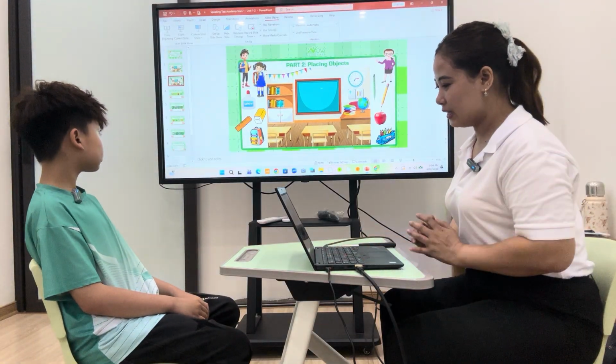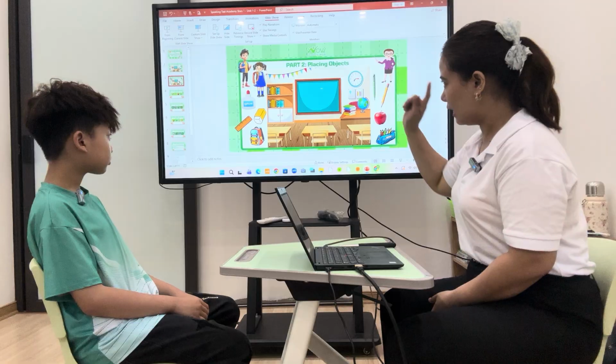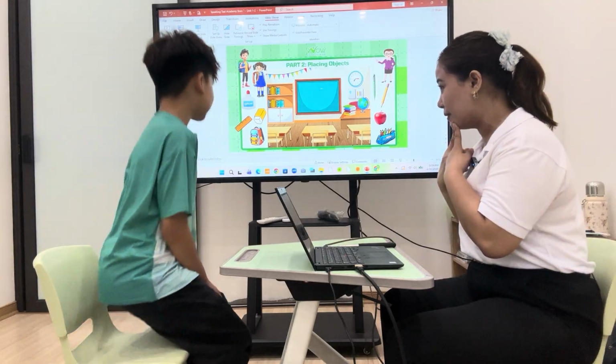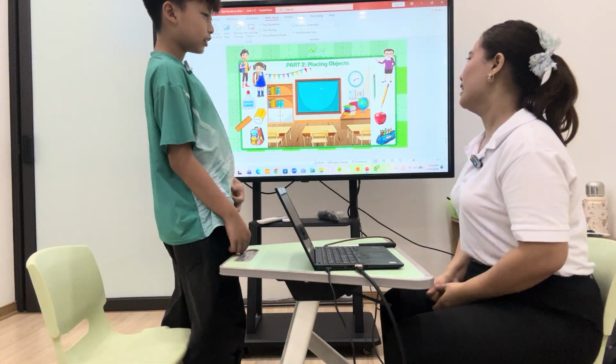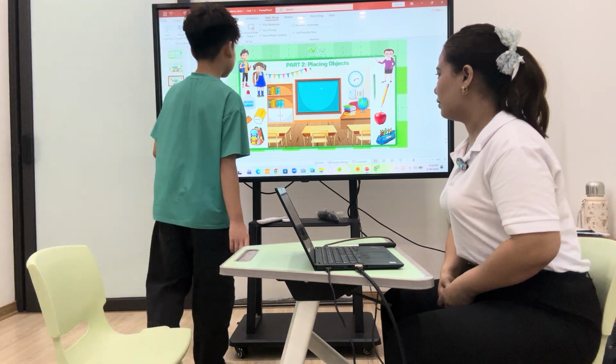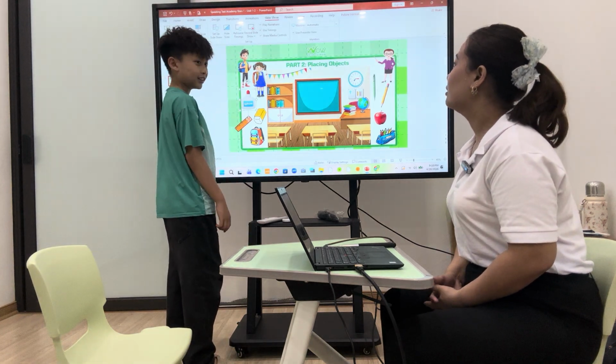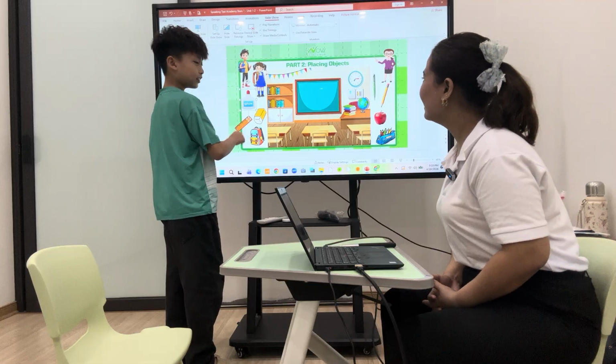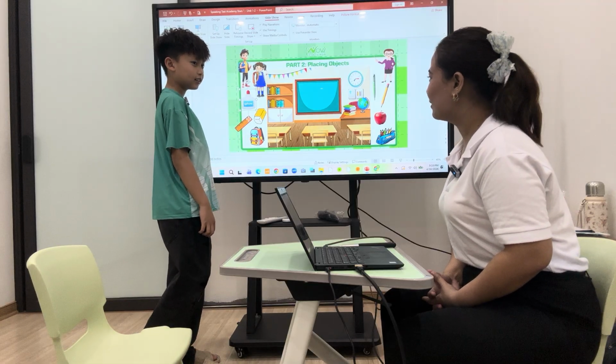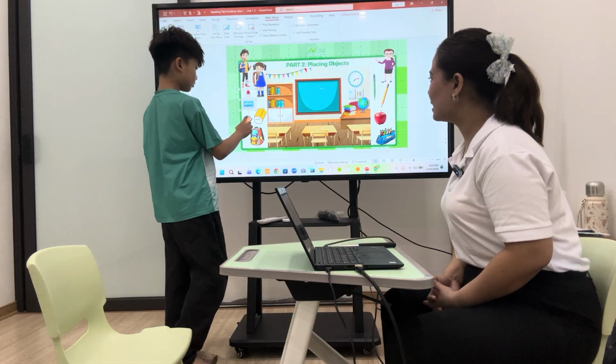Okay, so Leo, in this part, you will click and move it and then say the name and where it is, okay? For example, it's a ruler. It's on the table. What's that? It's a ruler. It's not a ruler. Look carefully. What's that?